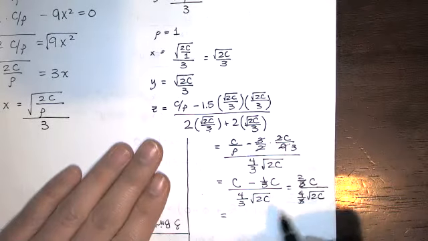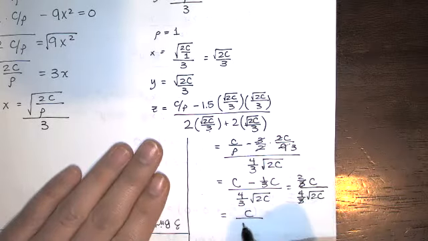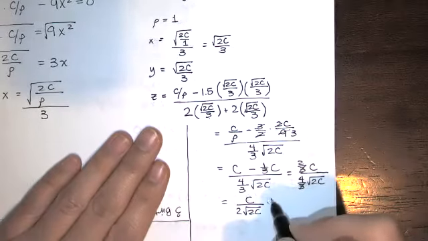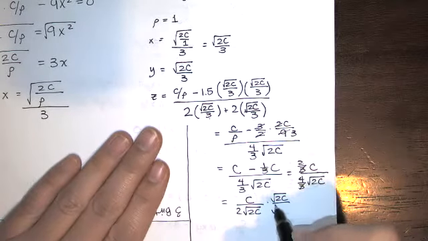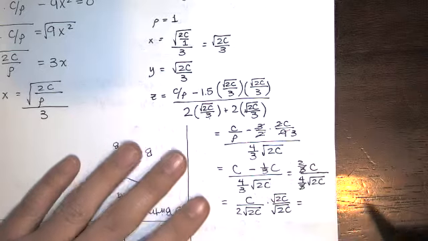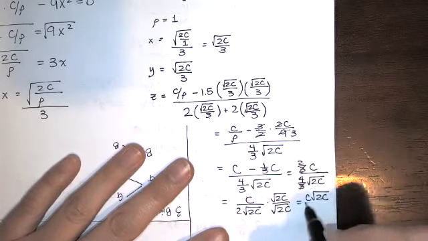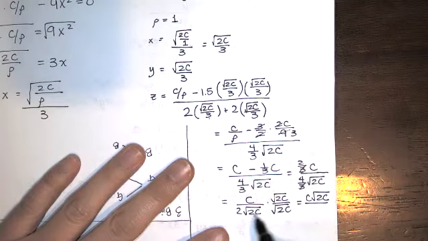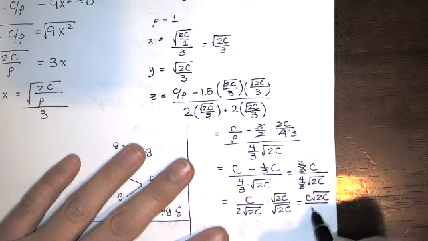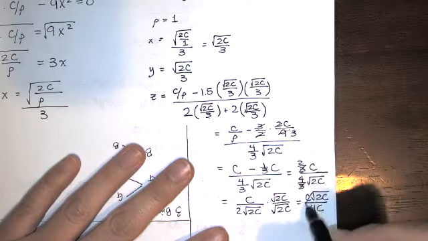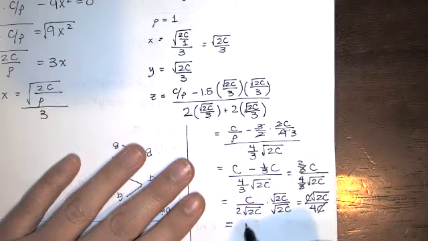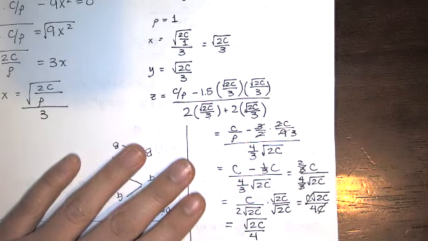And now you've just got c over 2 times the square root of 2c. And if you want, you can multiply by root 2c over root 2c, which gives you c times root 2c. And this is going to be 2c times 2, which is 4c. And those reduce. And I believe that is your z value.